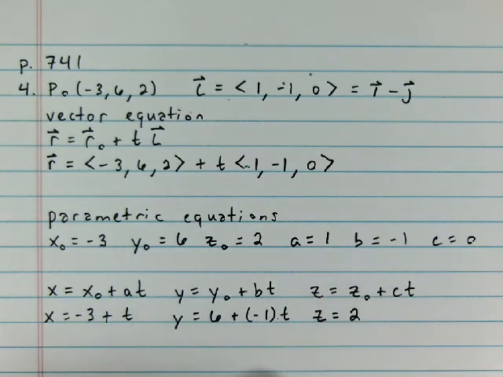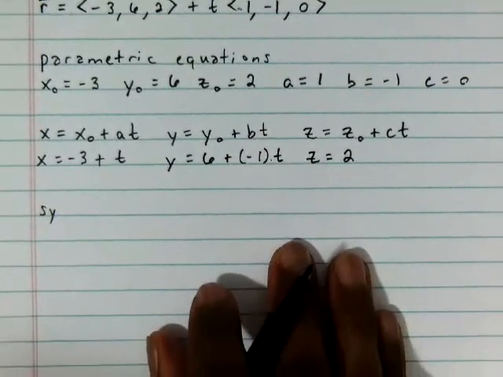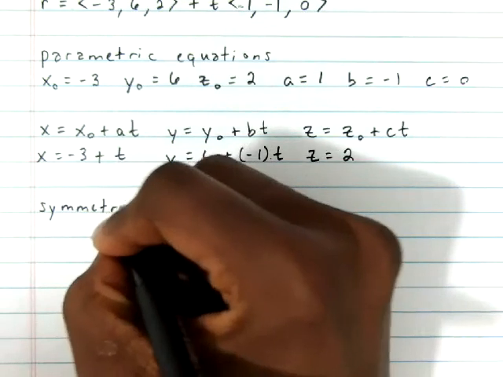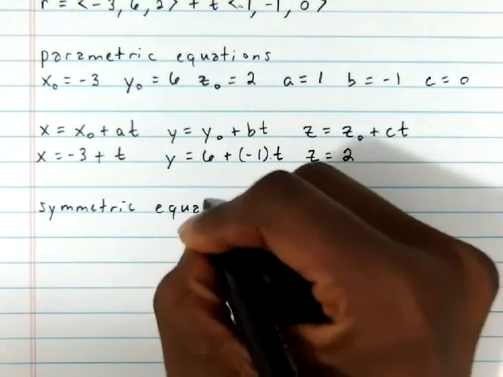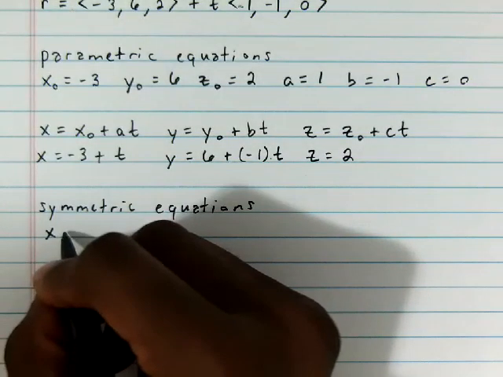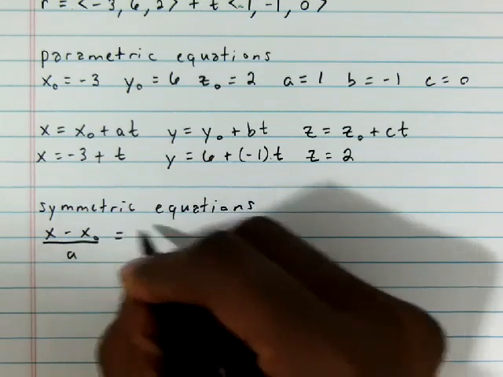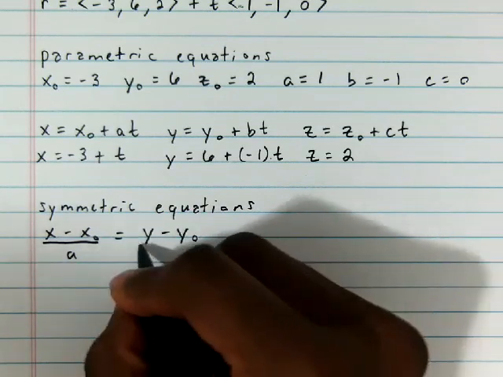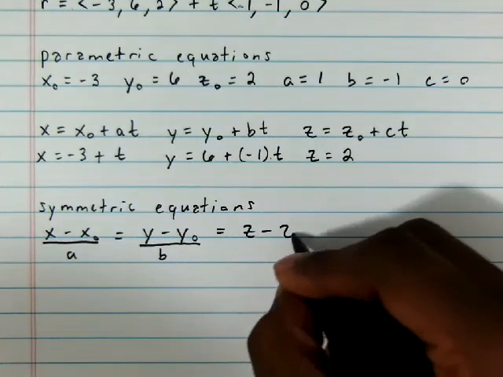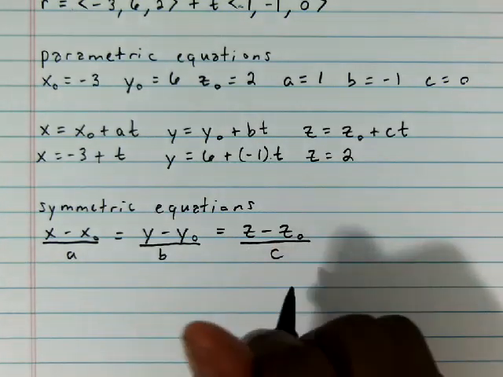Now, lastly, we'll do symmetric equations. Just as a refresher, those equations are X minus X naught over A equals Y minus Y naught over B equals Z minus Z naught over C. All right, so we're going to plug everything into here.